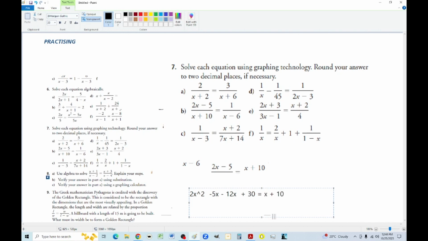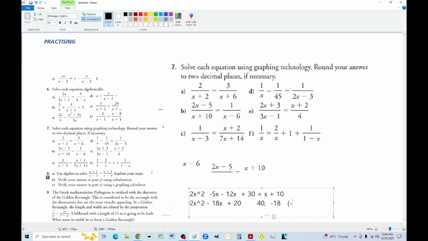When you get it all to the same side, you get 2x squared minus 6x, and minus 12x, minus 18x plus 20. So we're talking about something that multiplies out to 40 and adds up to minus 18. So it's going to be two negative numbers, like, see if I get the minus 18 right. Yep.